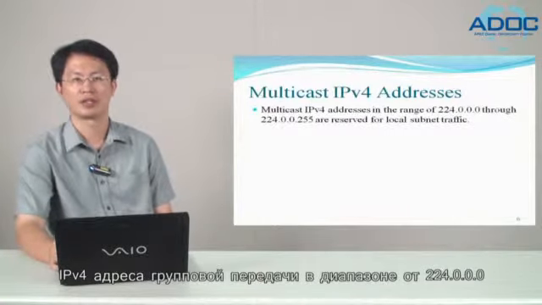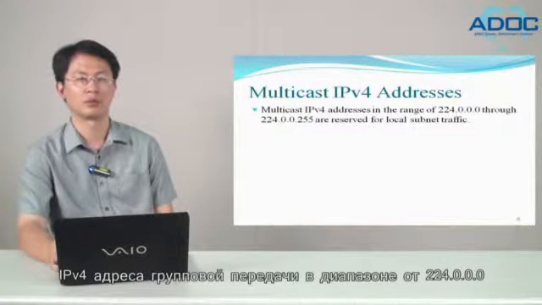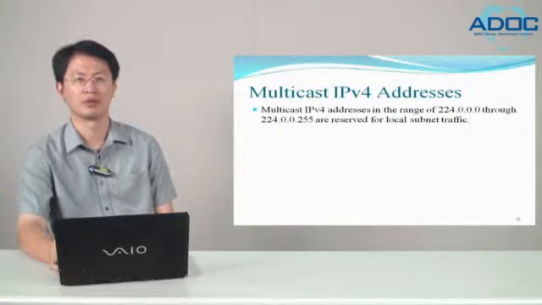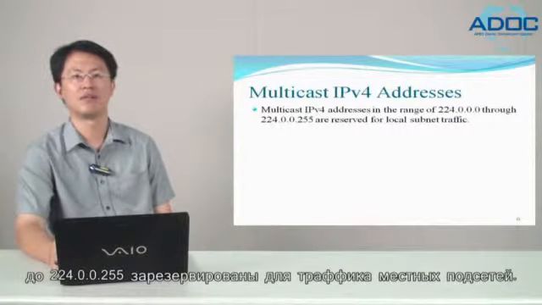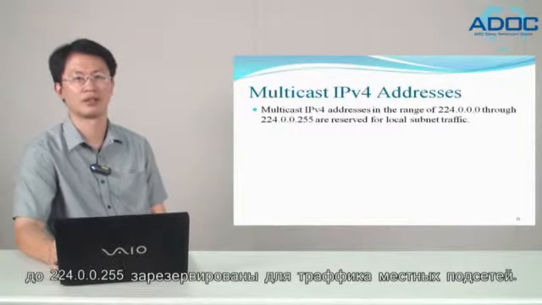Multicast IPv4 addresses in the range of 224.0.0.0 through 224.0.0.255 are reserved for local subnet traffic.